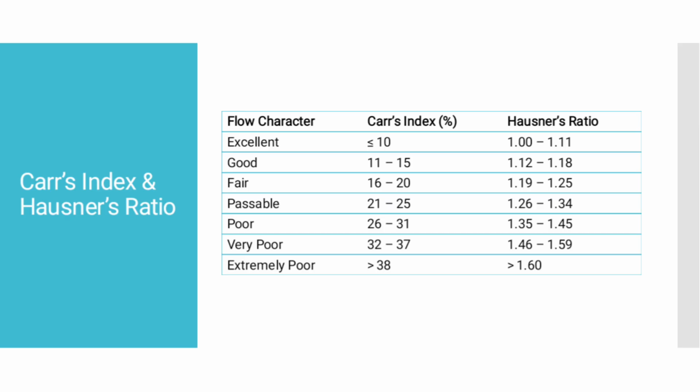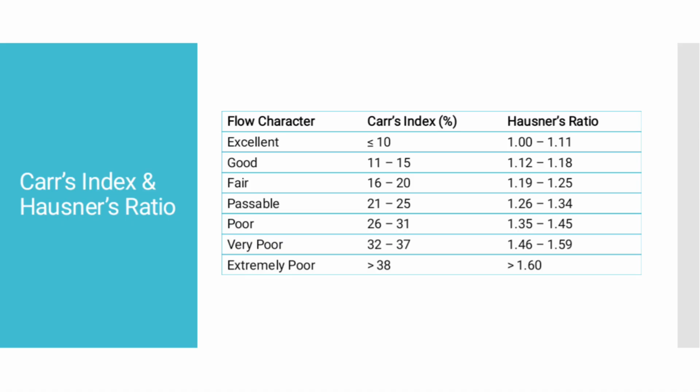For poor, Carr's index is 26 to 31, whereas Hausner's ratio is 1.35 to 1.45. For very poor, Carr's index percentage is 32 to 37, whereas Hausner's ratio is 1.46 to 1.59.